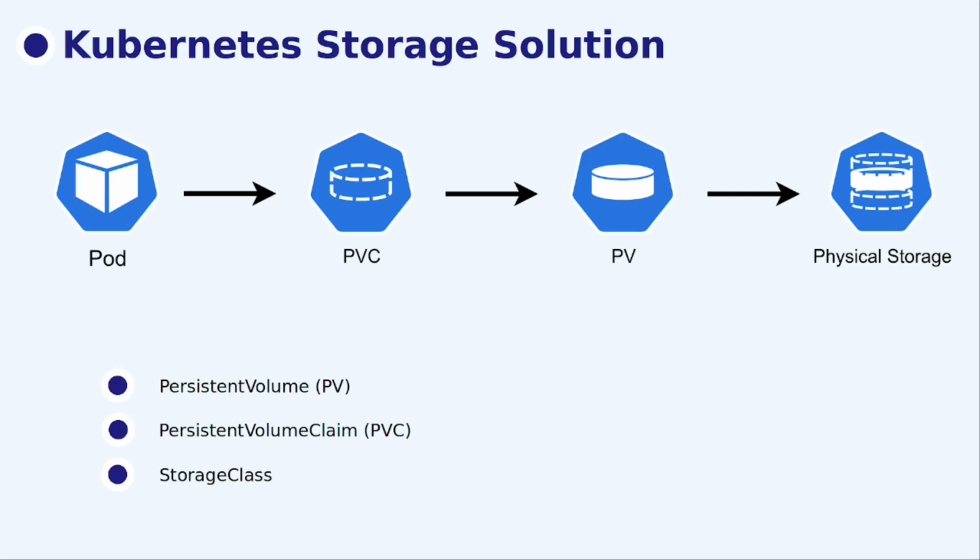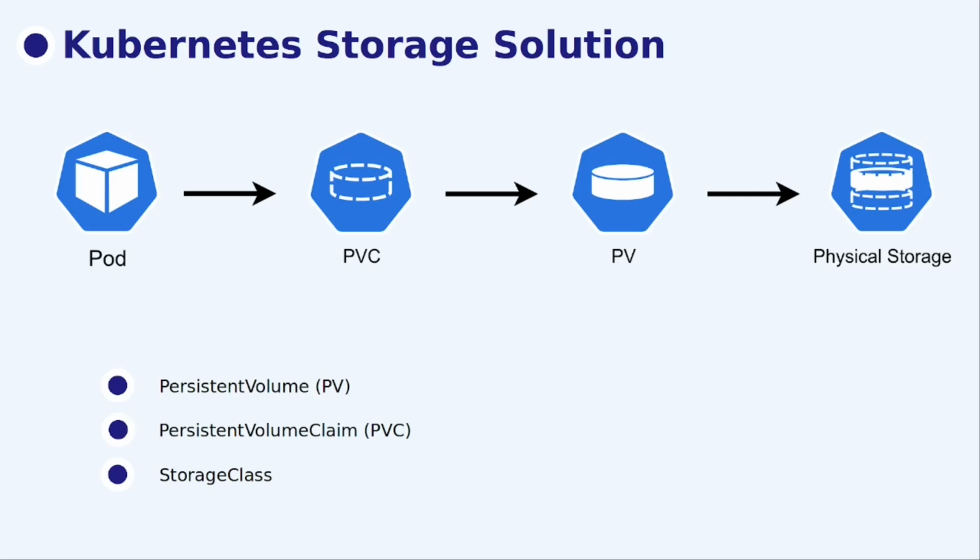Let's break it down. Persistent Volume (PV) represents real storage. Persistent Volume Claim (PVC) is how applications request storage. Storage Class helps dynamically create storage. Now something very important happens.